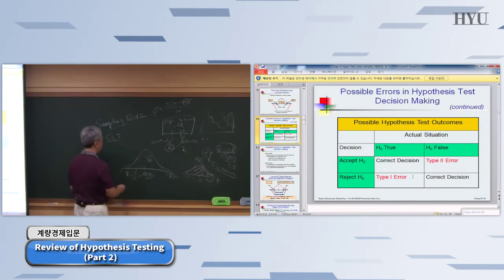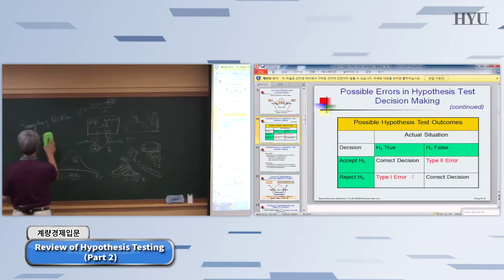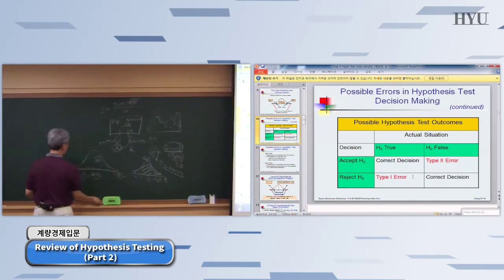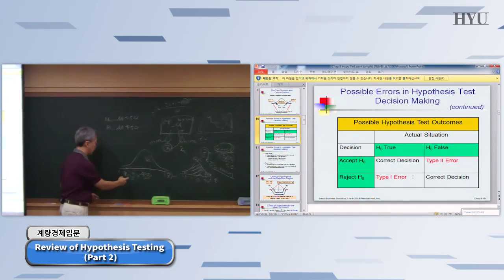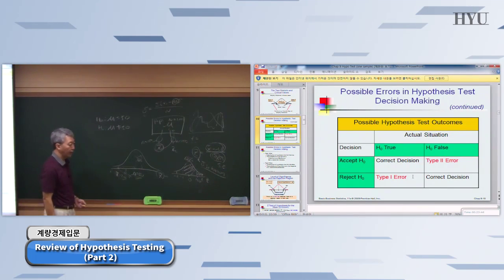So here's... okay. Because your sample result was just too far away, which makes your test statistic too large, right?